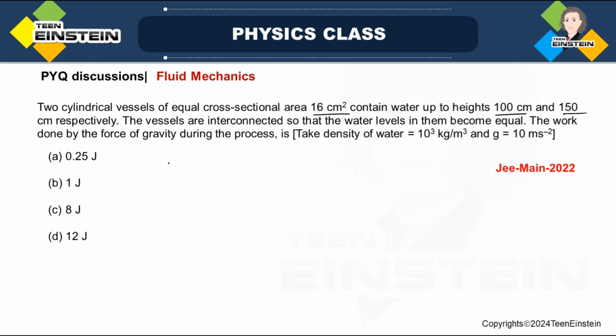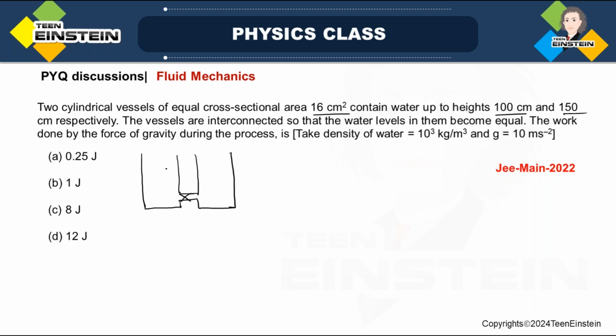Let me give you a representative diagram over here. Let us have a connecting pipe over here. Let's take almost identical cross-sectional area. So initially, suppose this was closed.